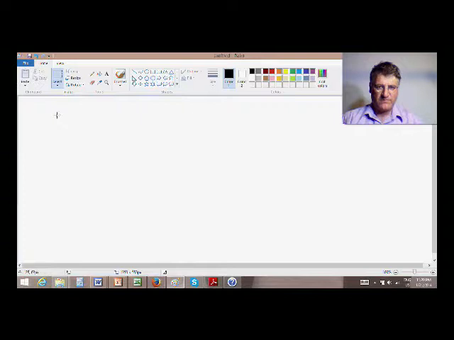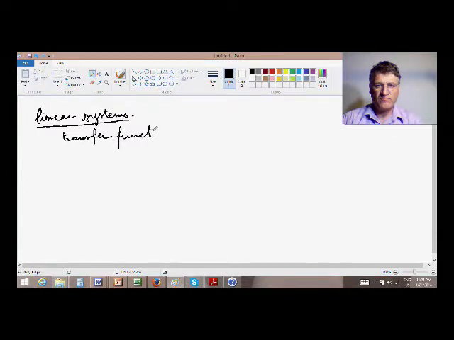Take a linear system. For linear dynamical systems, we have seen two important concepts. One of them was the transfer function, h of s. The second is the impulse response.